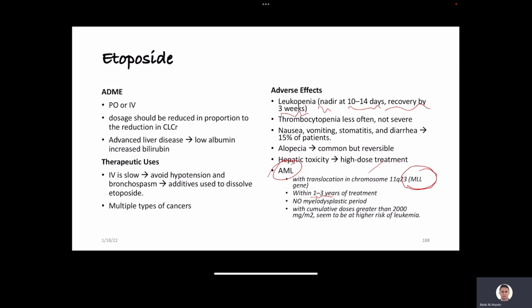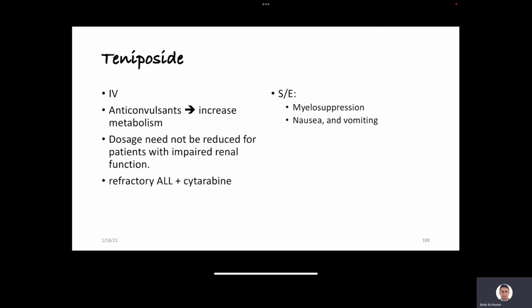AML in patients treated with alkylating agents is preceded by a transitional state called myelodysplastic syndrome. But here we don't see a myelodysplastic syndrome transformation. And with etoposide, if you exceed 2,000 milligrams per meter square, you will have a higher risk of development of secondary malignancies. Teniposide is the other agent.